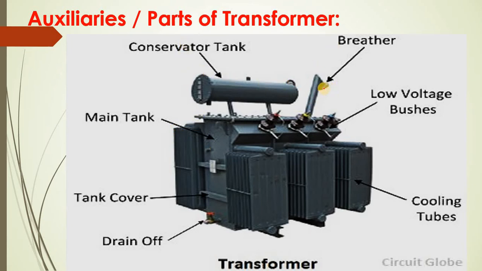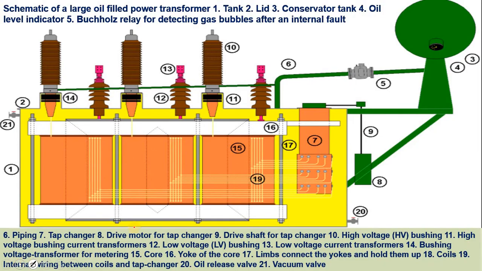Though it is shown as a breather here, actually this is an explosion vent, and the breather is located on the conservator tank at the top portion. Then this one is the low voltage bushing. Next are cooling tubes or cooling fins, then there is a drain off. We'll see all this in the coming slides.